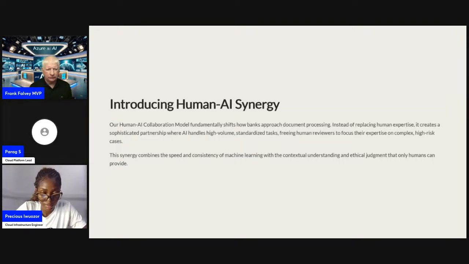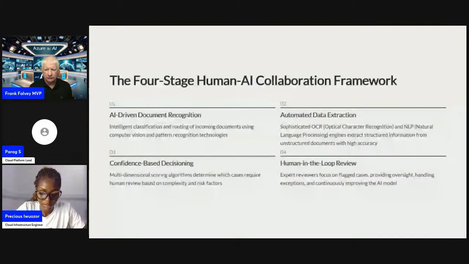It is divided into stages, right? One is AI-driven document recognition, with intelligent classification and routing of incoming documents using computer vision and pattern recognition technologies. Second, automated data extraction, with sophisticated OCR, which is optical character recognition, and NLP, natural language processing.